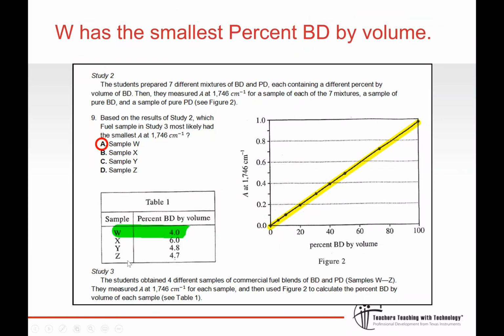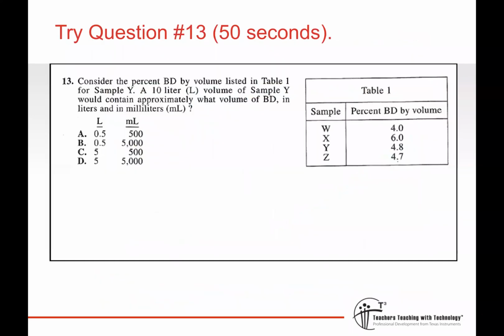And in our table, W is the one with the smallest percent. So that would be letter A. A bit of a stinker. Like I said, there's one, maybe two questions at most on the science section that would involve correlating two types of graphs here. All right, let's do this one.